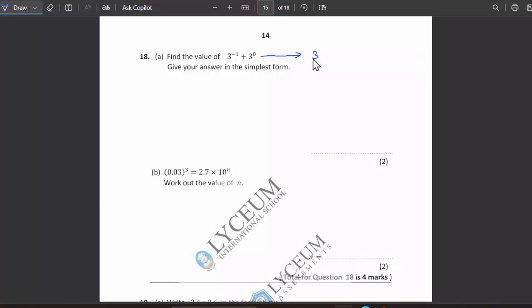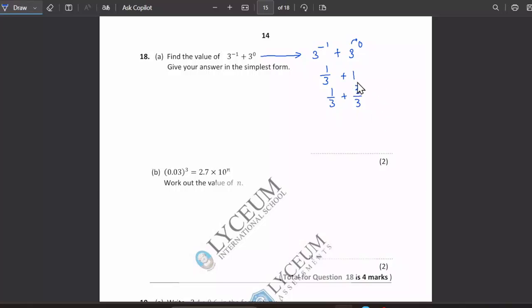So this is 3 to the power minus 1 plus 3 to the power 0. We know that any number to the 0th power is 1. So this is 1. 3 to the power minus 1 we can write as 1 over 3. Okay. So now we can add 1 over 3 plus, and 1 we can write as 3 over 3. So then this will give us 1.